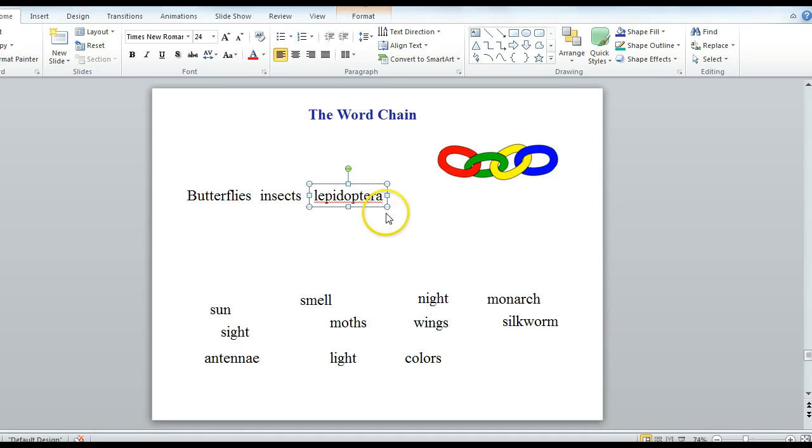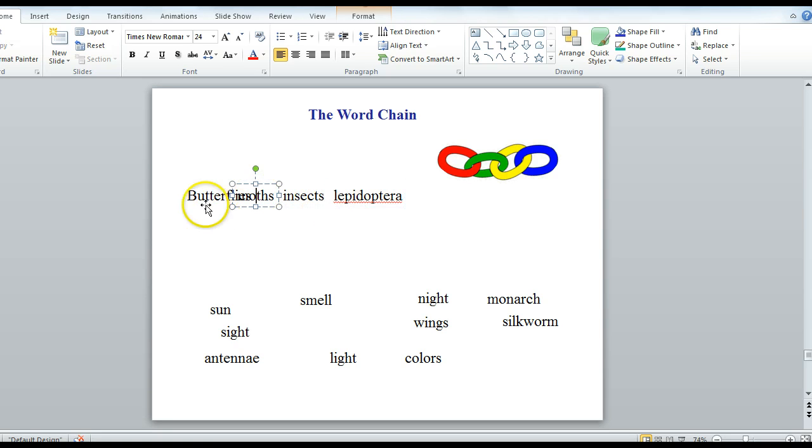And if I'm like most of my students, I'd want to get a blank little strip of paper and write moths on there and stick that in my chain, because they're excited about what they learn and they want to tell you. So don't confine them to using, oh, there it is, I thought I had it. So butterflies and moths, put that in there, are insects belonging to a group called Lepidoptera.